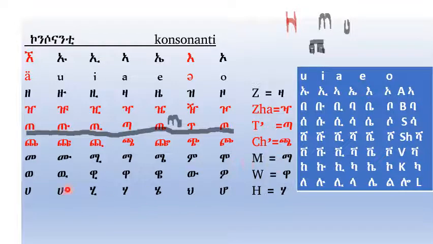Okay. How to write wa? The same thing. If you know how to write that, then you can write wa. Connect this. Here I luckily made a mistake. So connect this. It will be wa, the equivalent of Swahili wa. So u, we give it a leg and an extension in the middle.